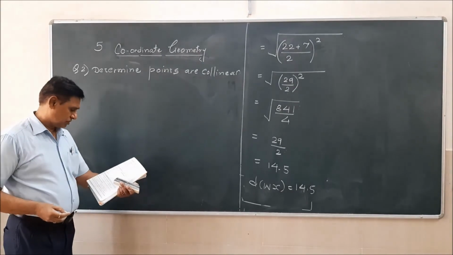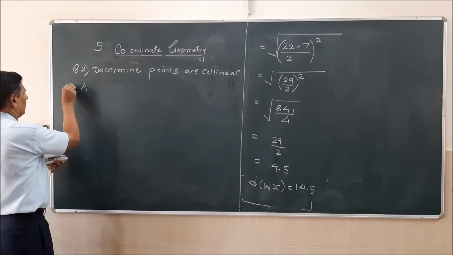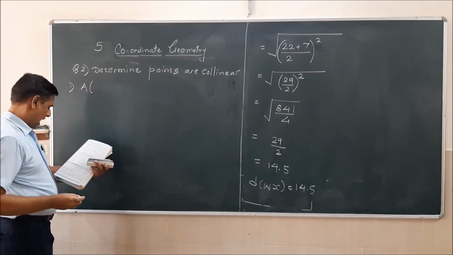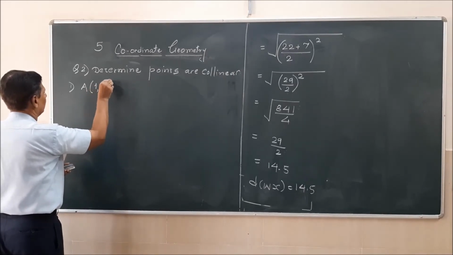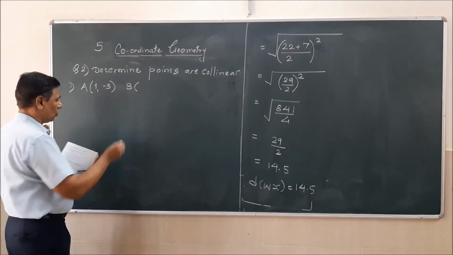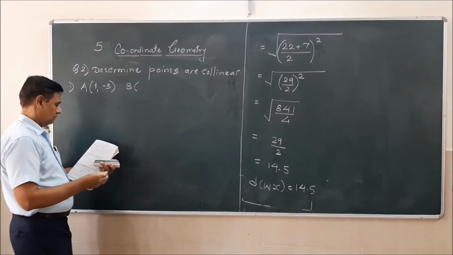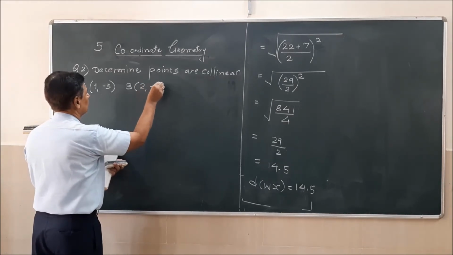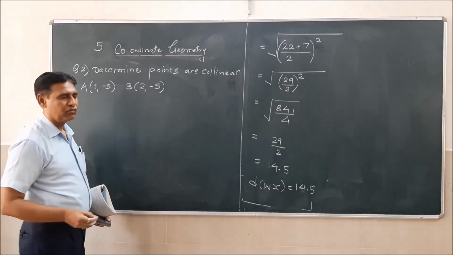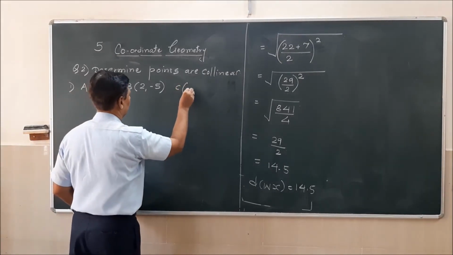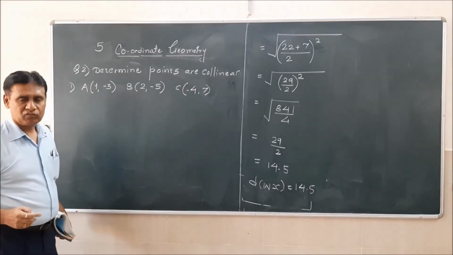Okay, now let's see the question. The coordinates of A are given as 1, minus 3. Coordinates of B are given as 2, minus 5. And coordinates of C are given as minus 4, 7. Now, in this case, what will I do?